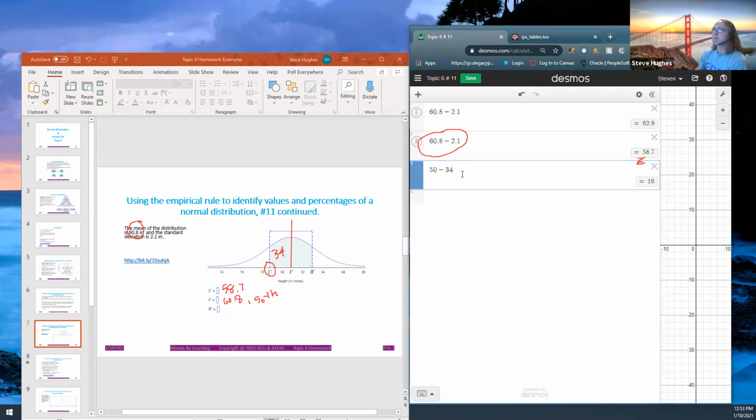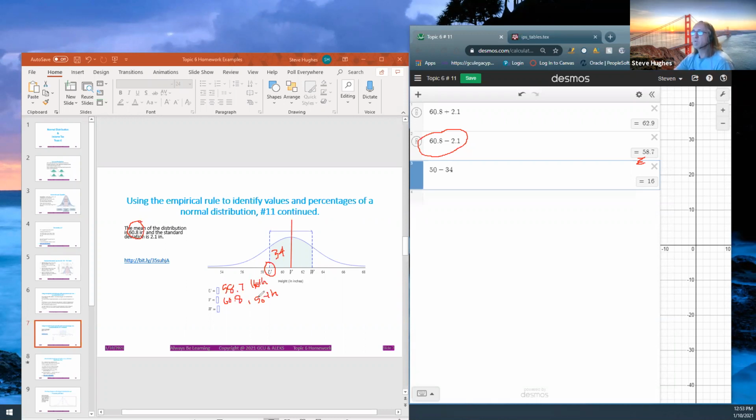So that is the 16th percentile. In other words, 16% of the data lies below U, which is 58.7, okay?